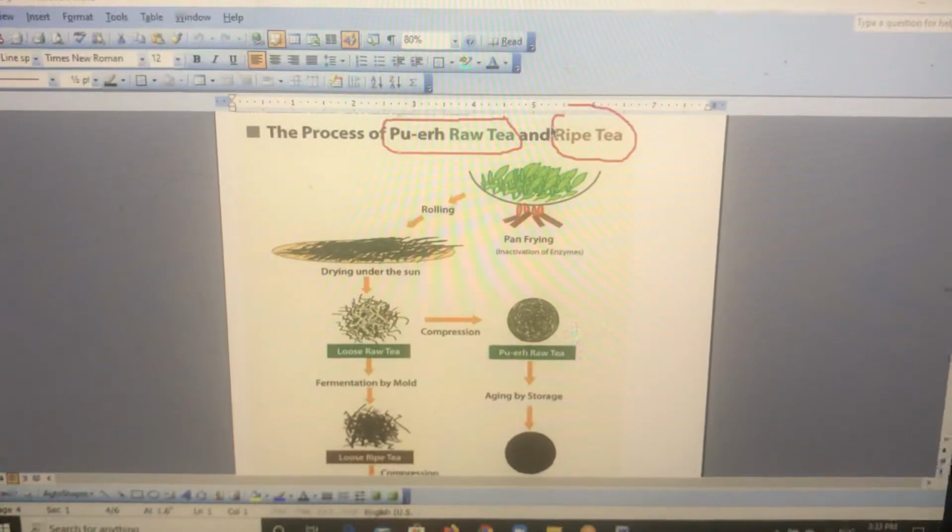So two types of teas are there, and they would show you how these two types of teas are prepared. Right? So for these two types of teas, they will give you different stages, then they will discuss different things, and then later on you will have to discuss this kind of diagram.